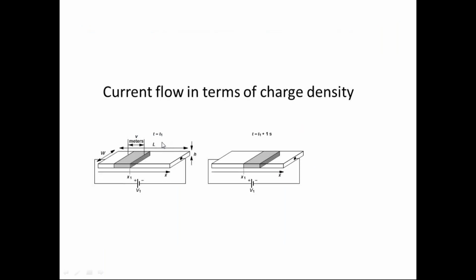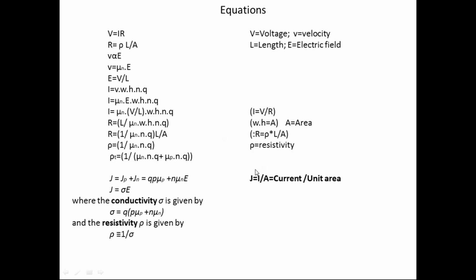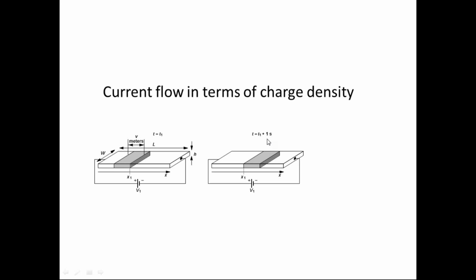This is a silicon bar, with width, height, and length, and within this cross-sectional area the charge carriers move with V meters per second, and we calculate the movement of charge per 1 second, from t equal to t1 to t equal to t1 plus 1 second. How much charge has traveled within 1 second?